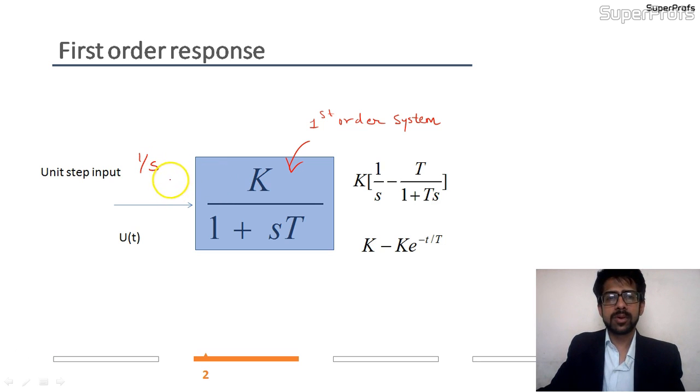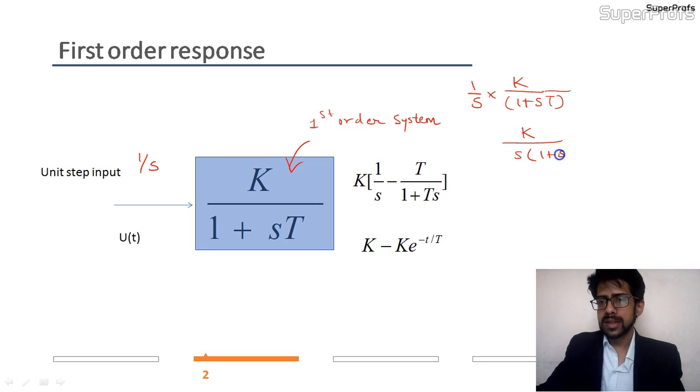Now we are going to multiply 1 upon s into K upon 1 plus sT. If you do that, you get 1 by s into K upon 1 plus sT, which gives K upon s into 1 plus sT. Now if you simplify this or make partial fractions of this particular function, you get K into 1 upon s minus T upon 1 plus sT. So that's what we have written here.